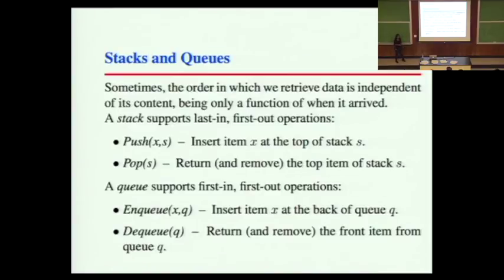So the operations are the same. You're adding something and you're removing something. What differs between a stack and a queue is what you actually remove. In a stack, you'll hear last in, first out. So whatever was at the top is the one that left. And in queues, you have first in, first out. So whoever joined the line at the bank first is the first one to go to the counter.